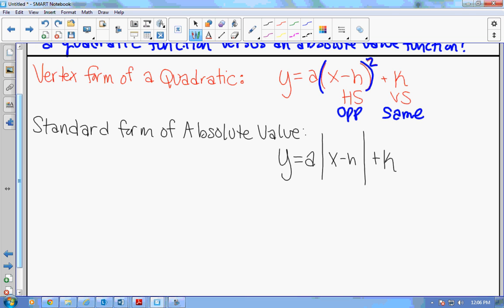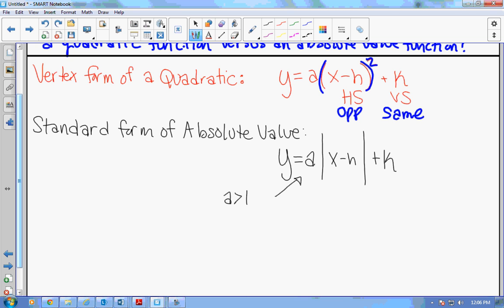Let's talk about what A does. What happens when A, the multiplier, is greater than 1? The multiplier acts like a slope. Affects the steepness of the graph. So what's a number greater than 1? 2, which is the fraction 2 over 1.